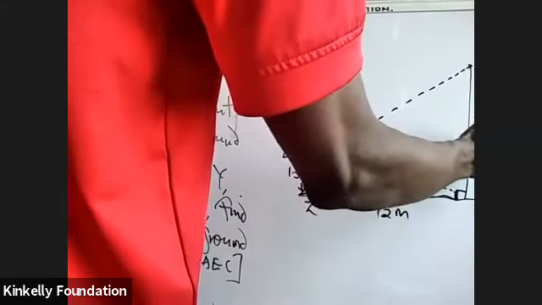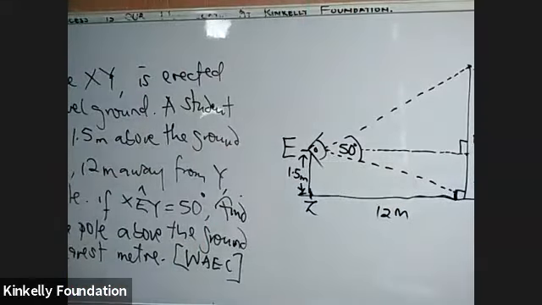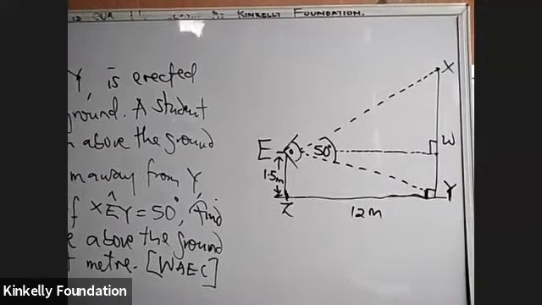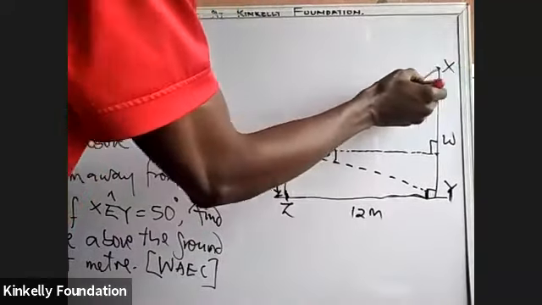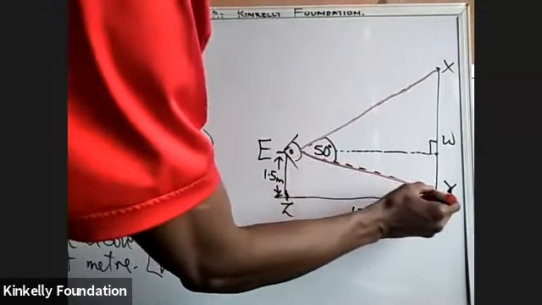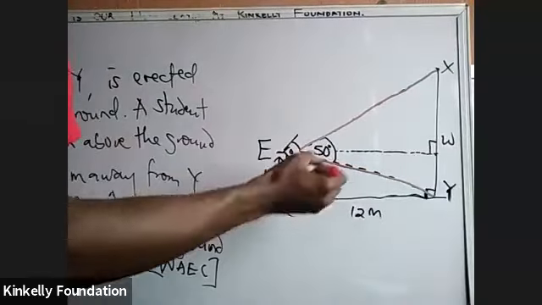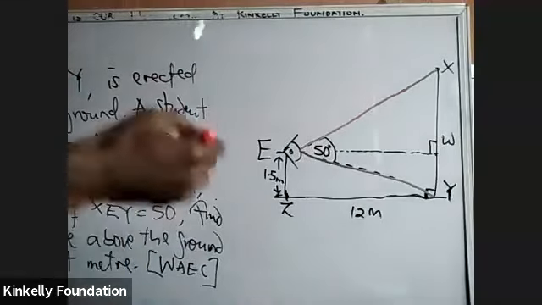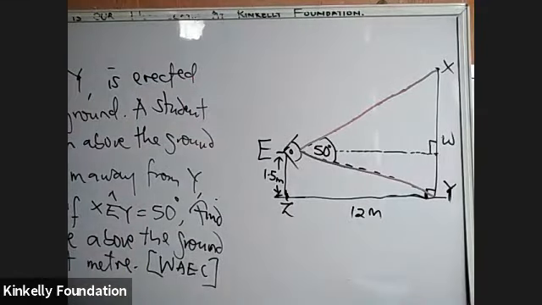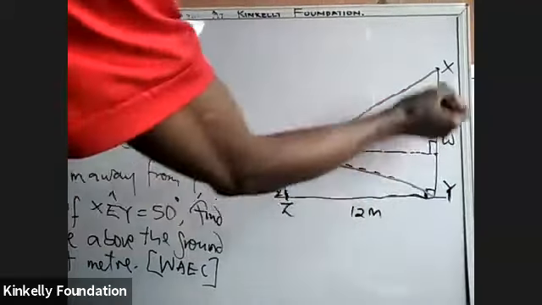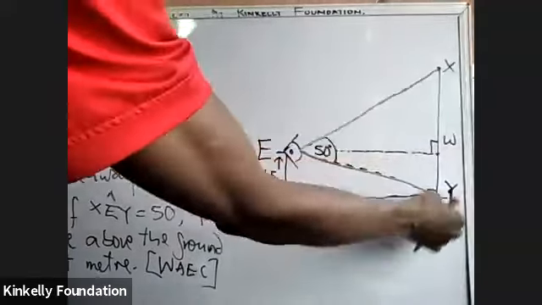Let's call this one. Now, let's just make this simple. Now we have to find the height of this. And remember that this side is just like having this particular height for this triangle.